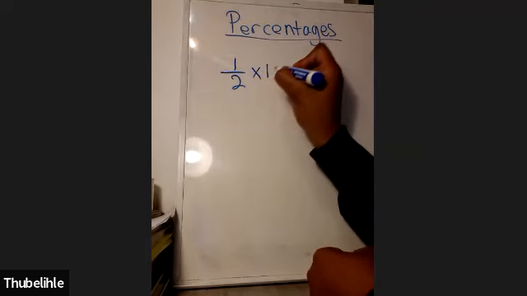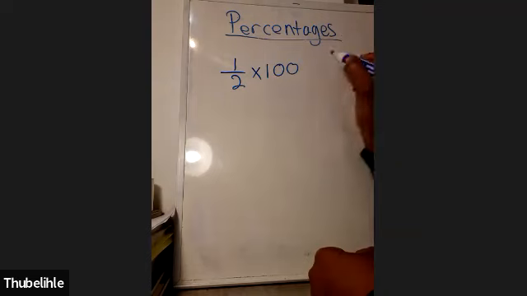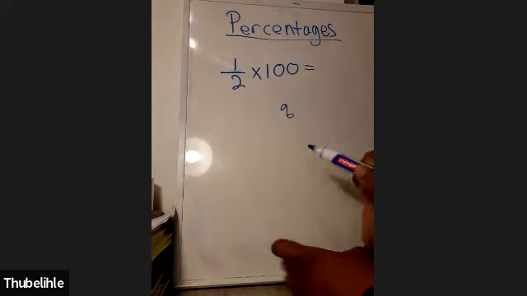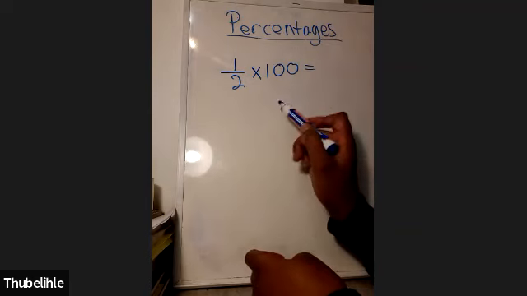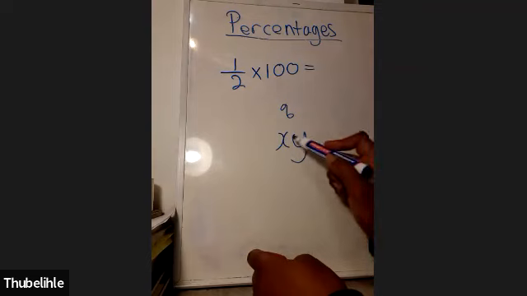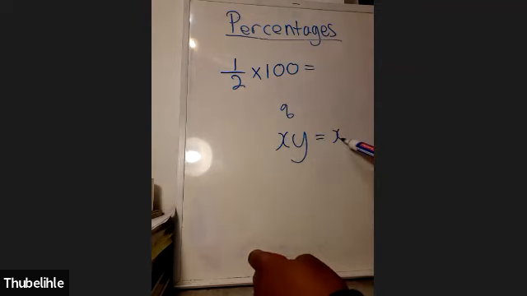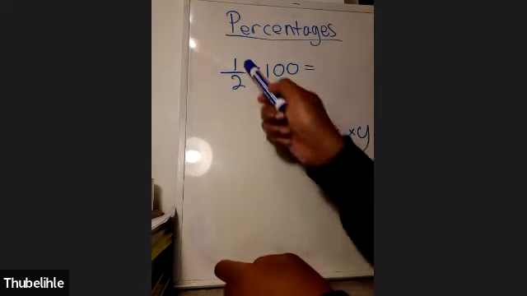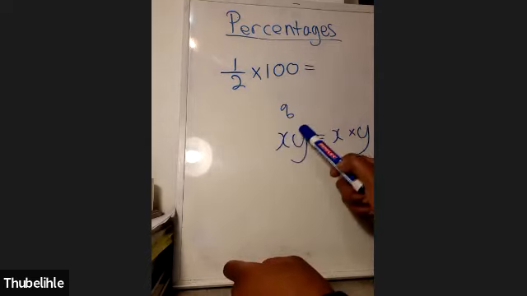So to change a fraction into a percent, we multiply it by 100, because remember I said this sign means it's percent. And in maths, if anything is next to each other, there's an invisible multiplication sign. So if we want to say half percent, it means we're saying half times percent.